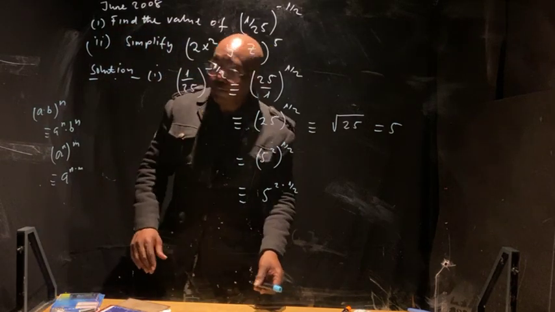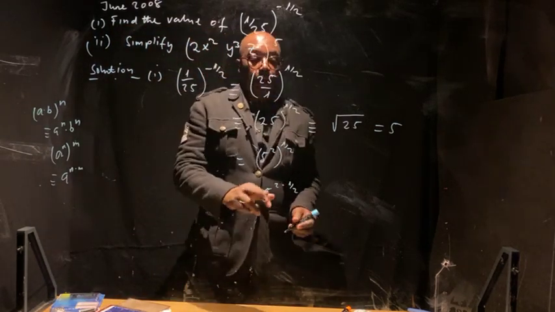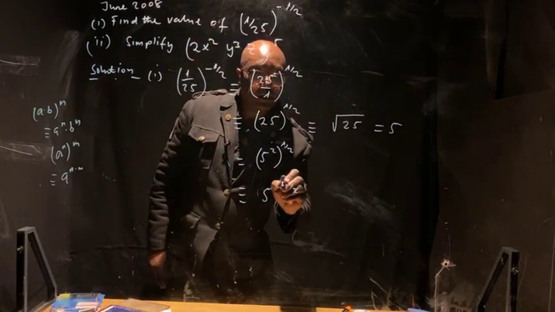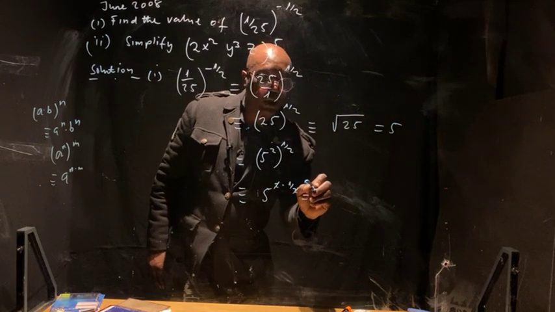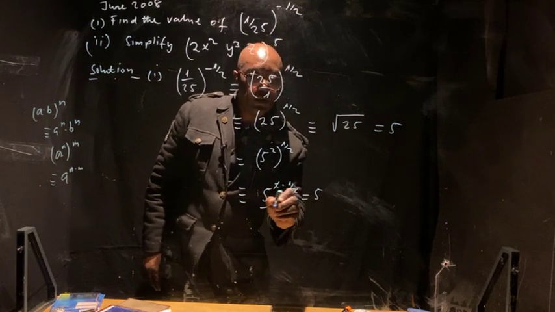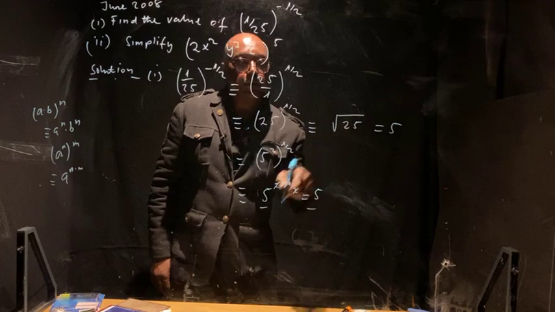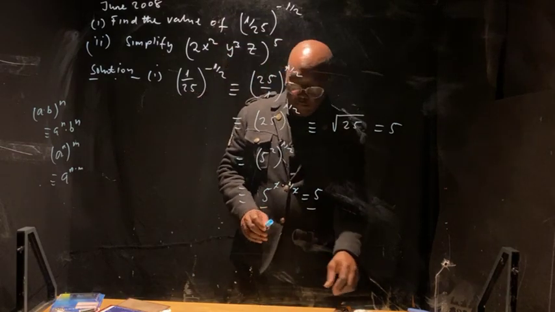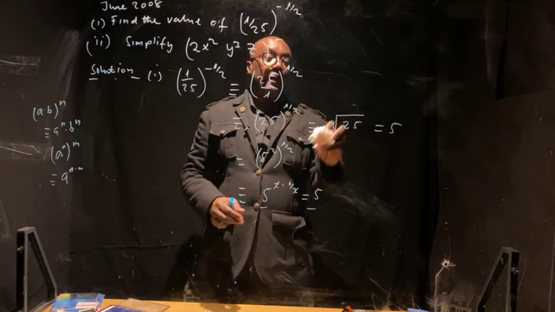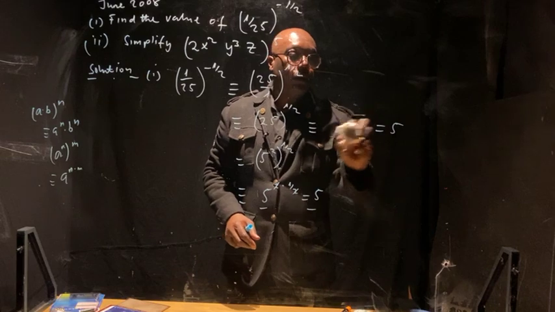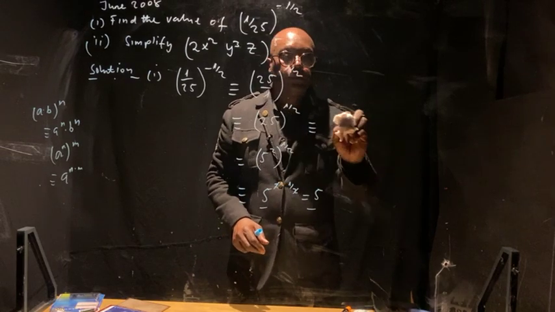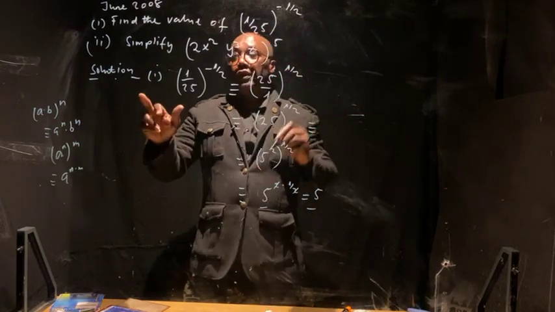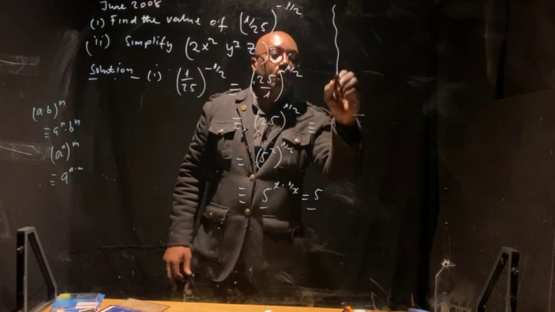The same. So this one cancels this one. You are left with 5. So either that way or that way. But I need the space to do the second question.